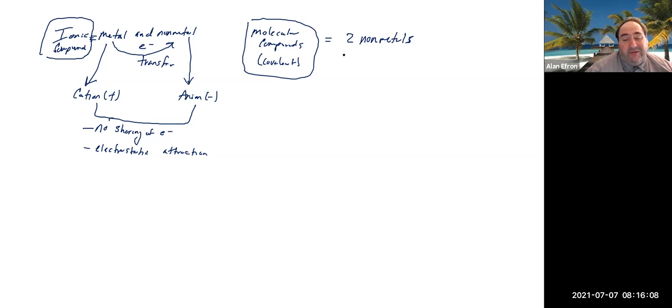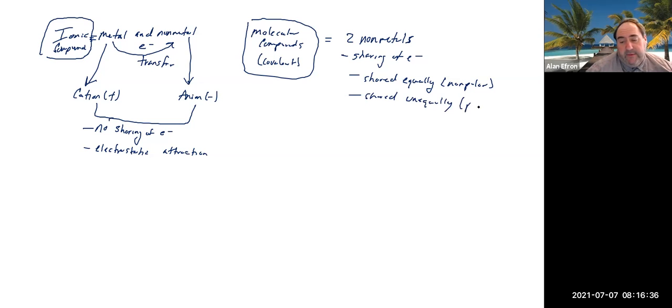We're going to get sharing of electrons between those guys. And when they share them, that sharing may be equal, which is a nonpolar bond, right? Or it may be shared unequally, which would result in a polar bond or a polar molecule.